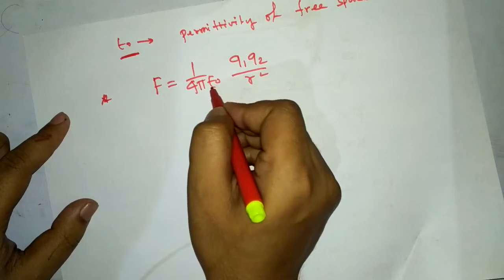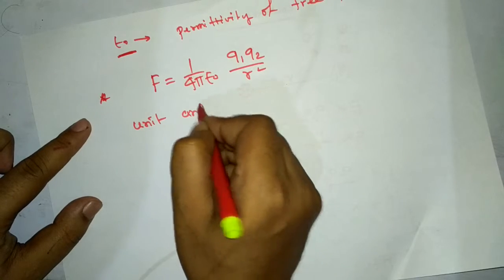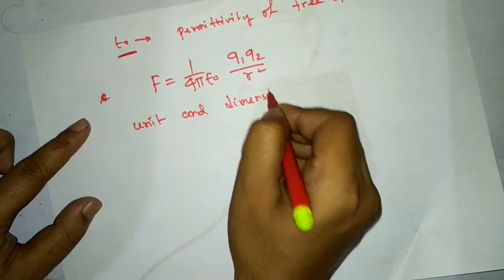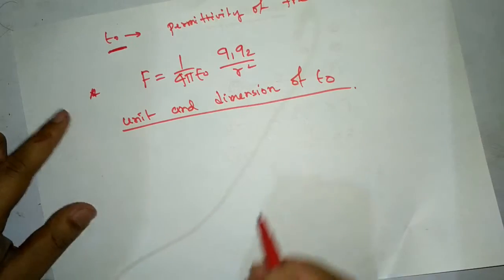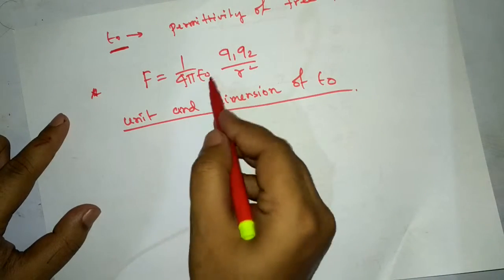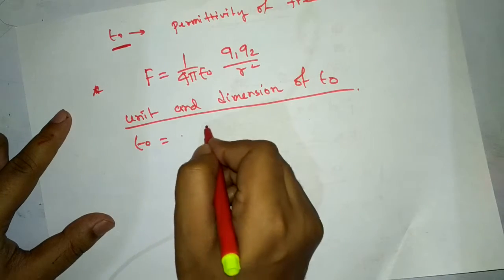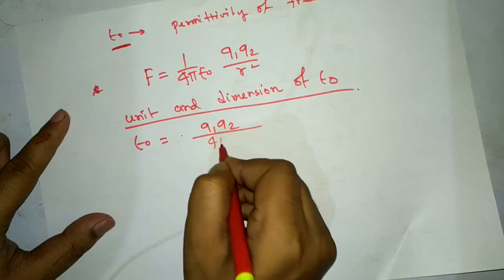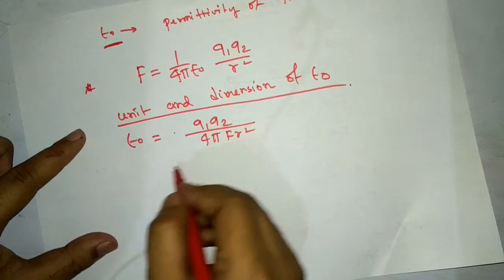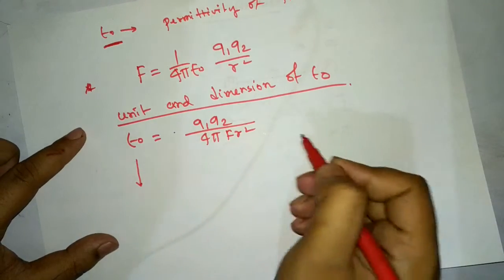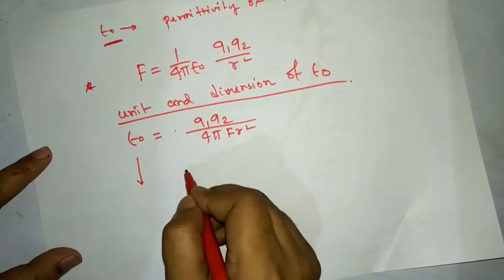Now the question is, what is the unit and dimension of this epsilon naught? If you want to find epsilon from this equation, epsilon will be Q1 Q2 by 4 pi F into r square.